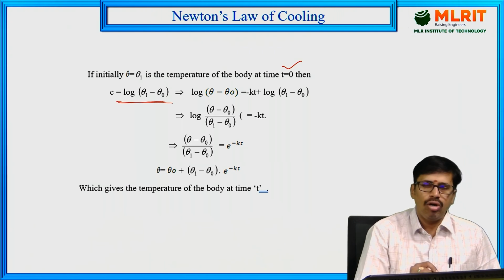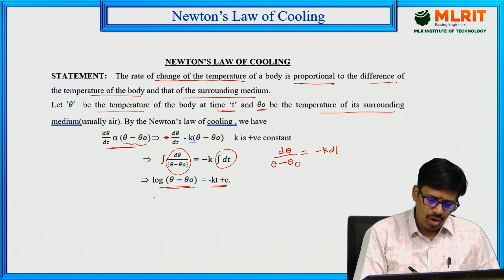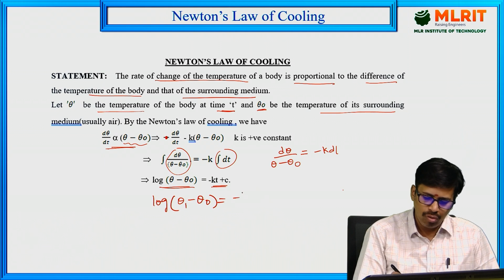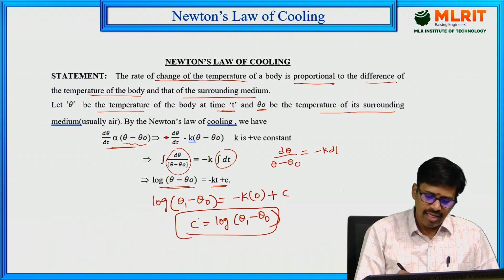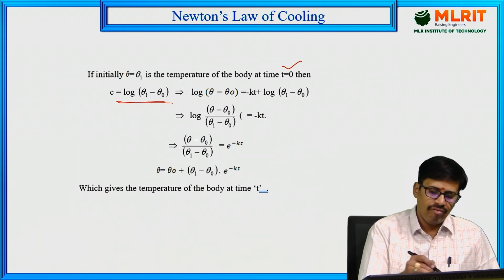Log of theta 1 minus theta naught is equal to minus k into 0 plus c. So the c value we get is log of theta 1 minus theta naught. This c value you substitute over here, so we are getting this equation.